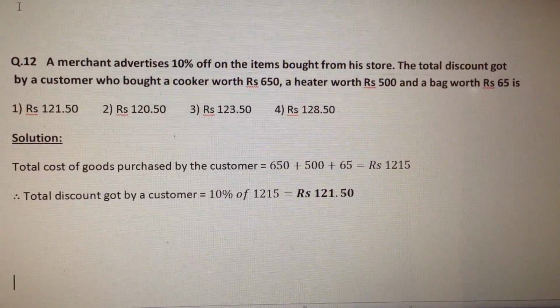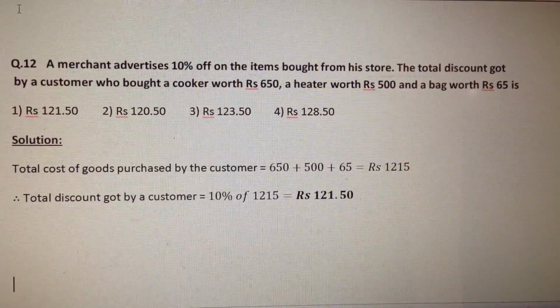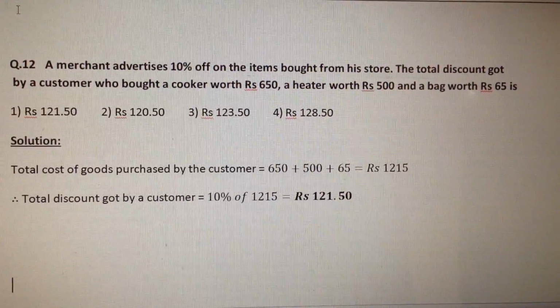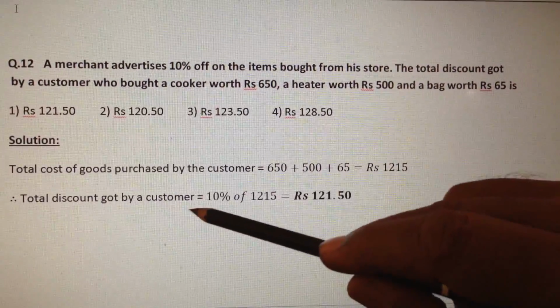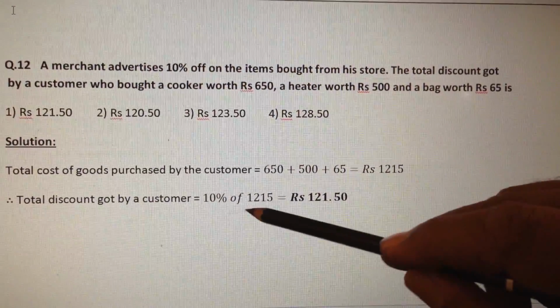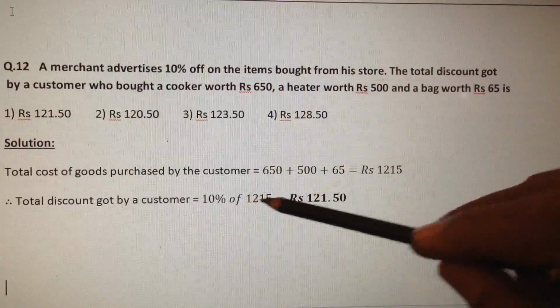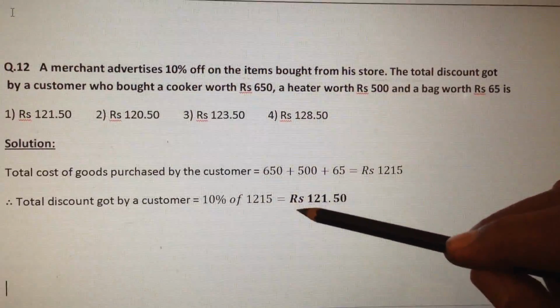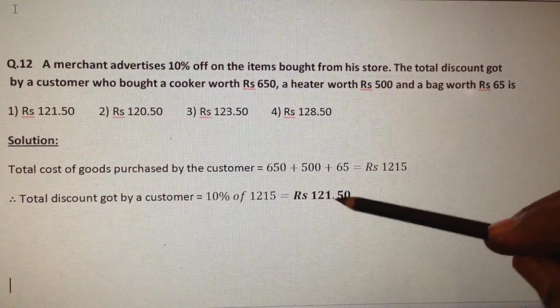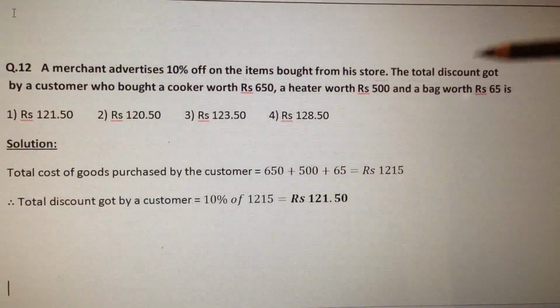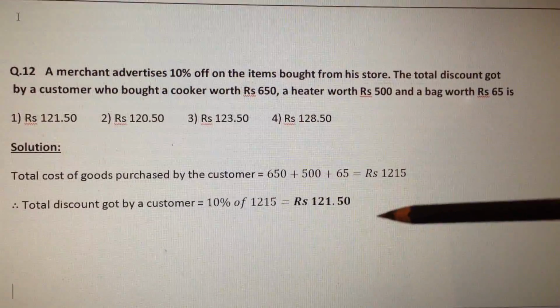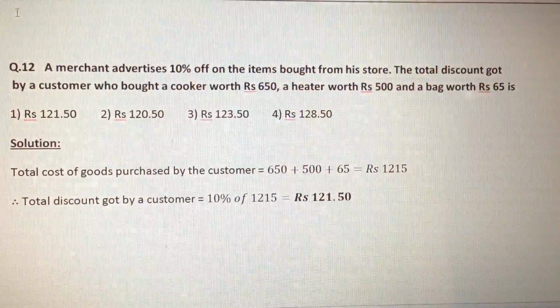And the merchant advertises 10% off on all the items bought. Therefore, total discount got by a customer is equal to 10% of 1215, which is nothing but 10 by 100 into 1215, which is equal to rupees 121.50. So our answer is option number 1.